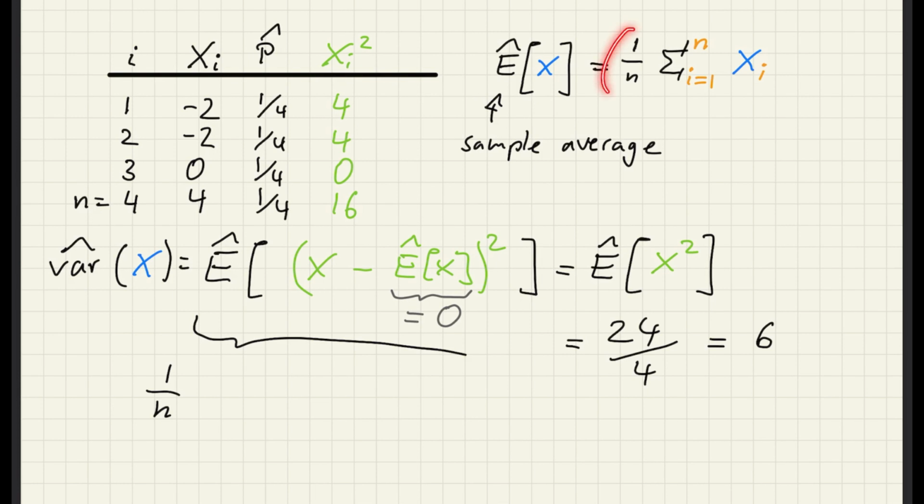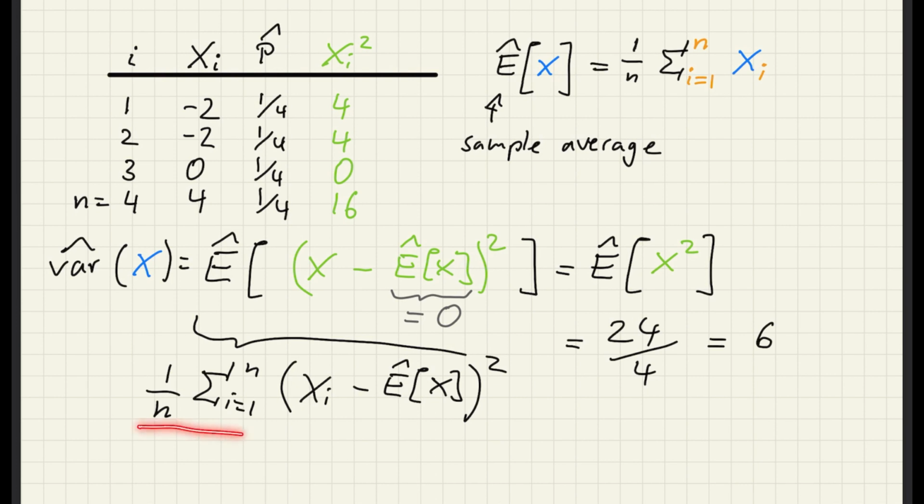Because it is a sample average. Sum over all the observations, xi minus the sample average of x, squared, right? This is completely equivalent. This is just expanding what is hiding behind this E-hat notation.